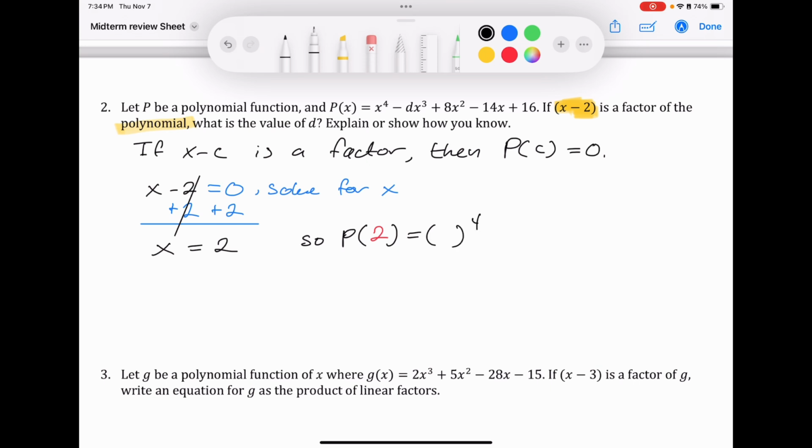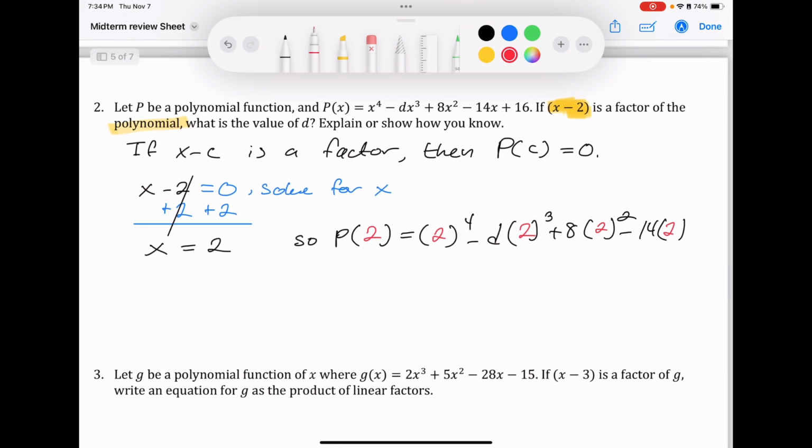So that becomes 2 to the fourth power, minus d times 2 cubed, plus 8 times 2 squared, minus 14 times 2, plus 16.